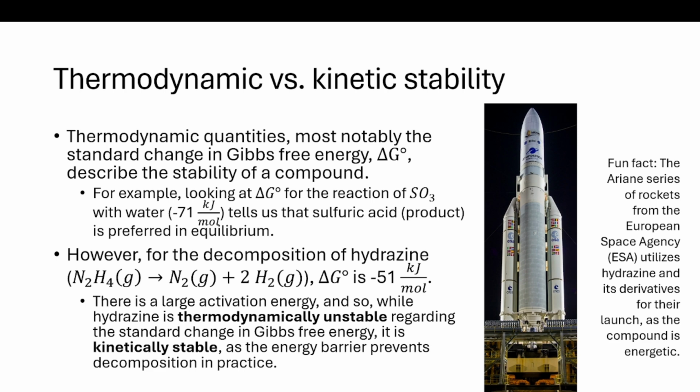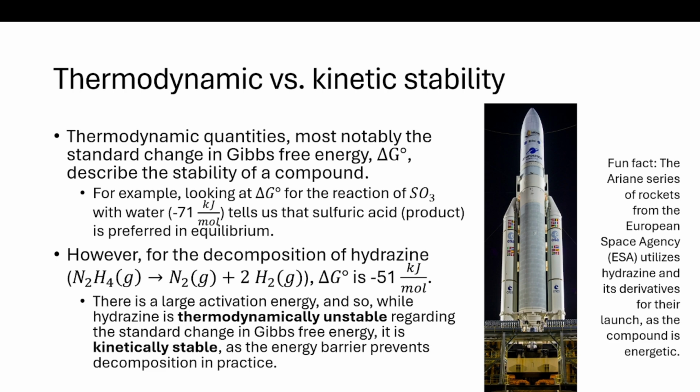So, for example, imagine the reaction of sulfur trioxide with water. The standard change in Gibbs free energy is going to be negative 71 kilojoules per mole. Now, if you remember basic general chemistry, a negative change in Gibbs free energy, whether it's standard or not, tells us that a reaction is spontaneous.